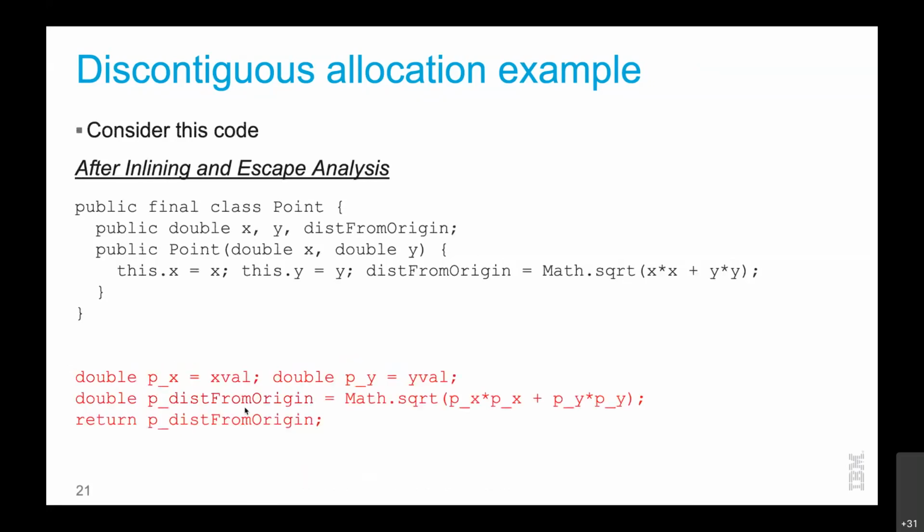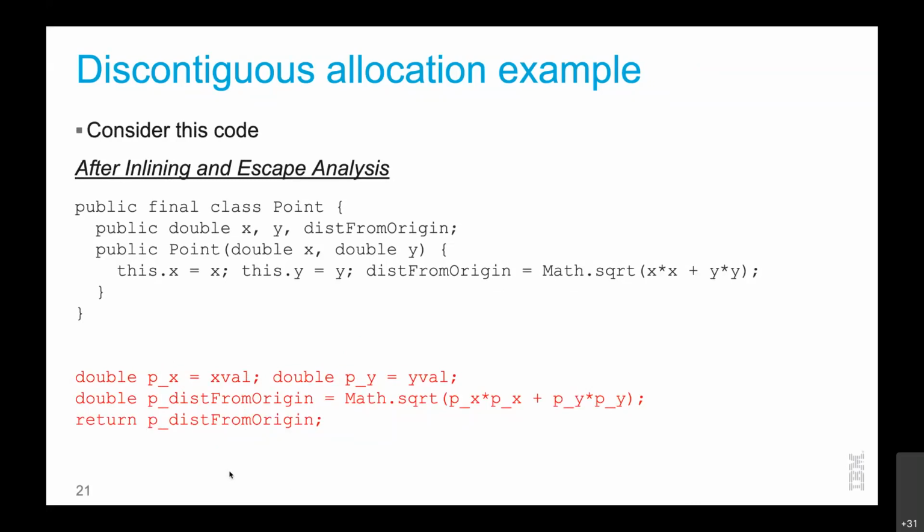After applying inlining and EA to this, we end up with code that looks roughly like this. We have several temporary automatic variables, px, py, just for the purposes of illustration.